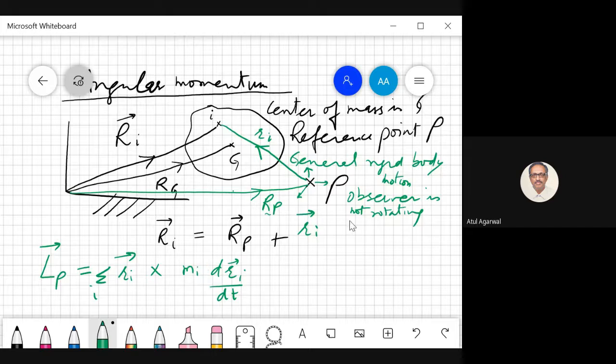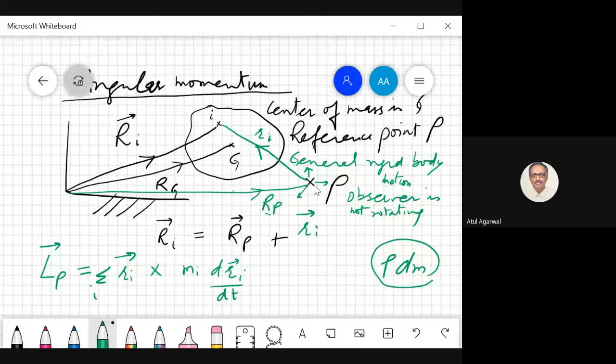You can even replace this mi with rho dm. You say a particle is rho dm, then it becomes an integral. So summation and integral I am treating in the same manner. So ri is the position vector of this particle with respect to the reference point P. So dri by dt becomes the velocity of particle I with respect to this observer at P. So I think there is no problem in this.